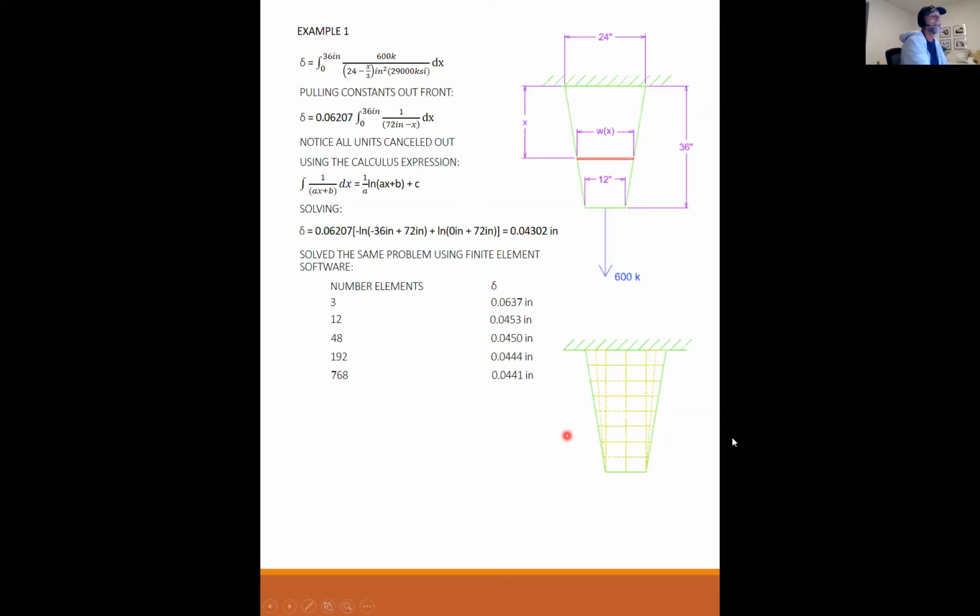But you can see how this is converging on the theoretical answer. Okay, any questions on this portion?